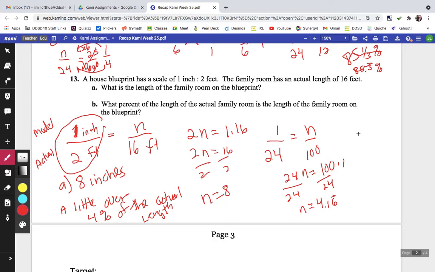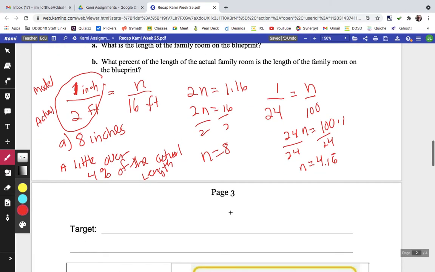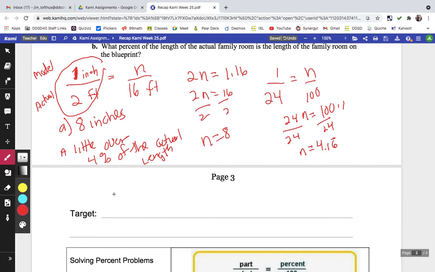So let's think about this just for a moment. If we had a wall on our blueprint that was 100 feet long, it would take, on a drawing, just a little over 4 feet to make that. See if that makes sense. Be about 48 inches.